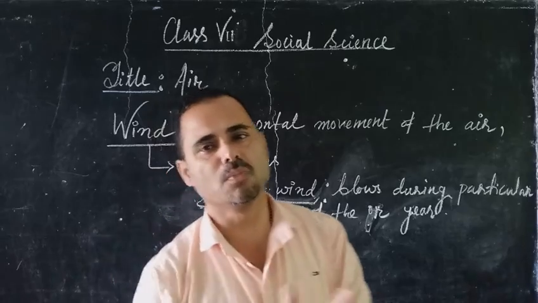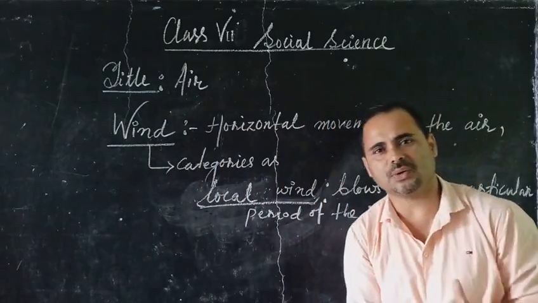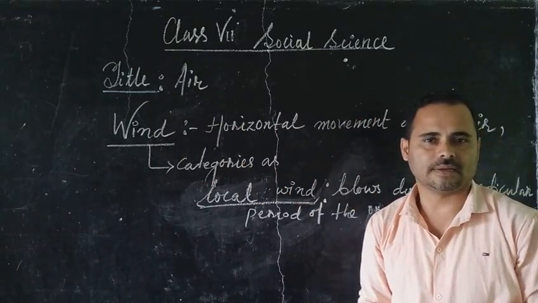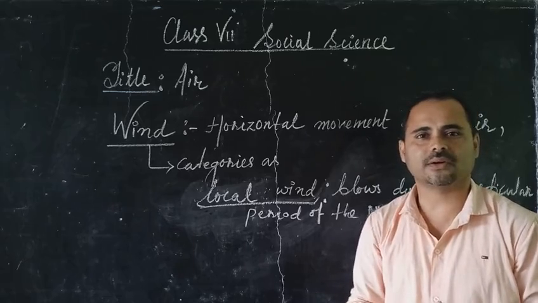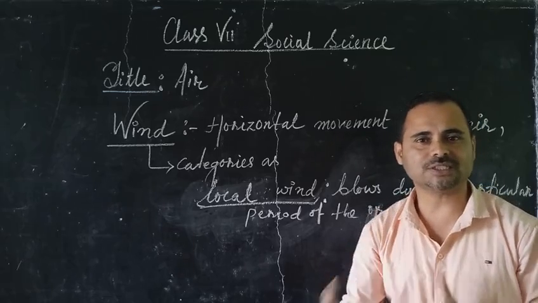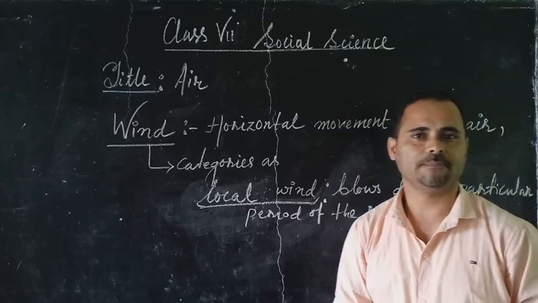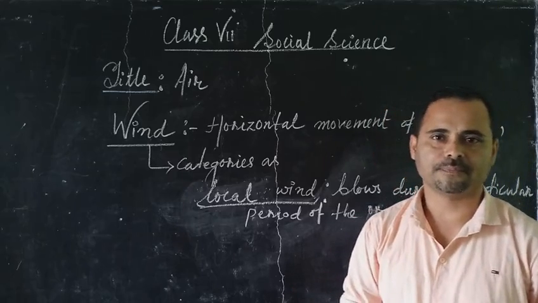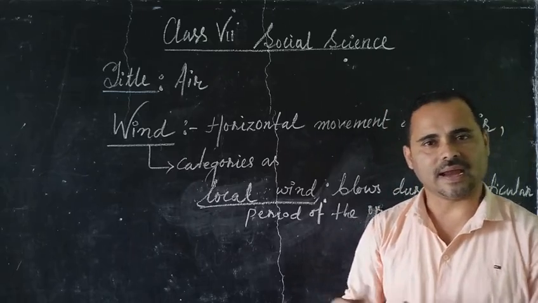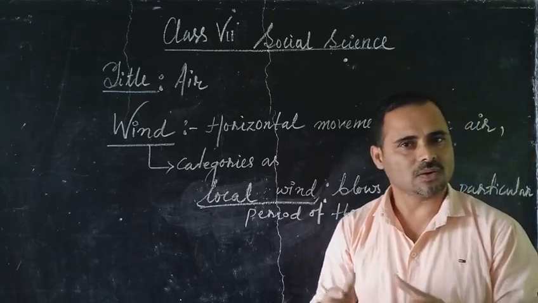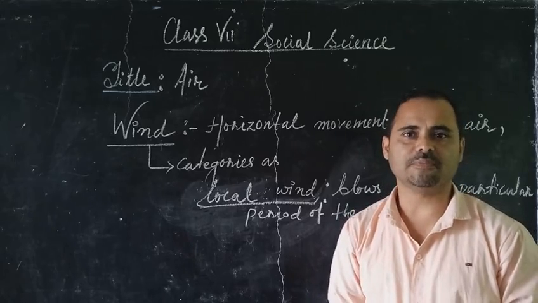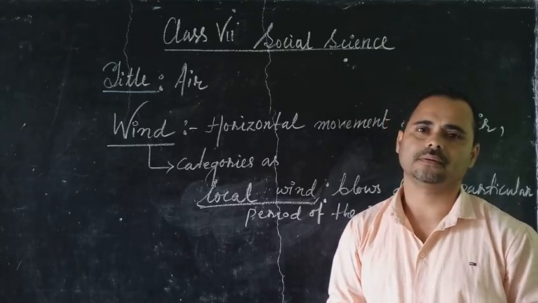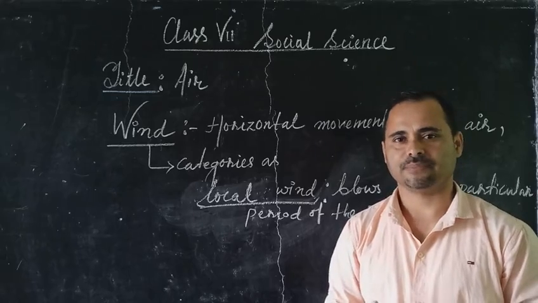Such movement of the wind affects the weather or the climate of that place. So such winds are called local winds. Now do you understand the permanent wind, the seasonal wind and the local wind, all the winds play a very important role in regulating the weather or the climatic condition of any area.